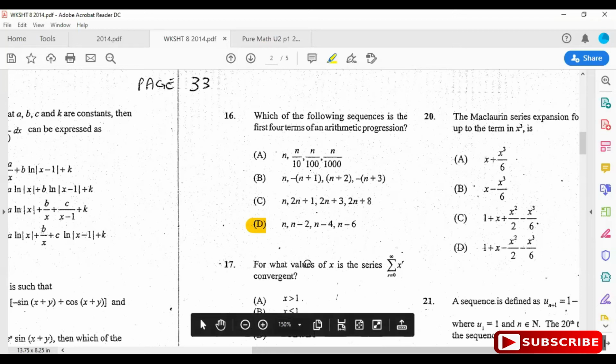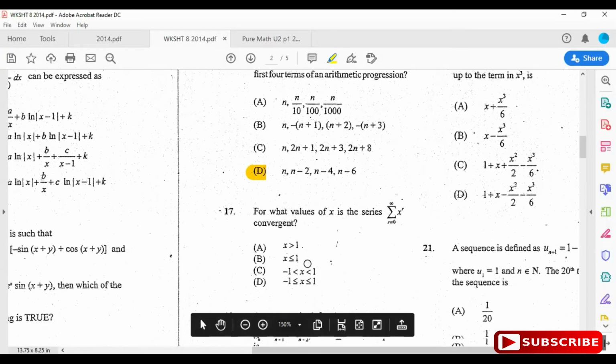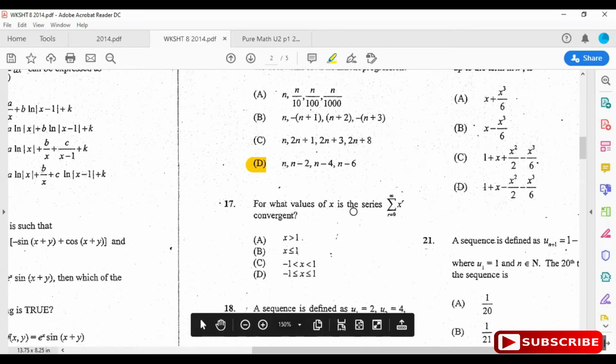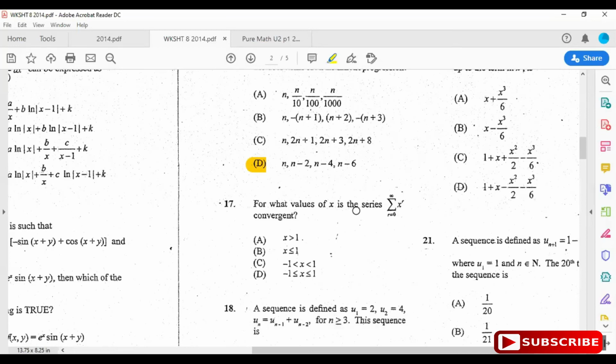Now part C. What's the value of x in order for this to be convergent? For a convergent series, x is between -1 and +1.